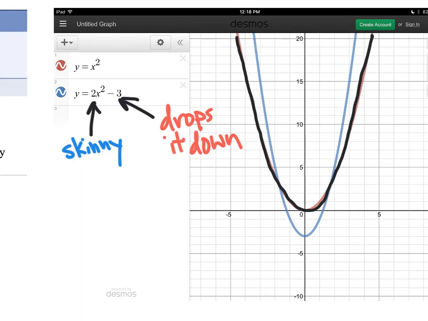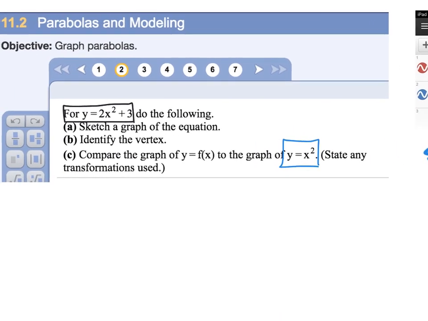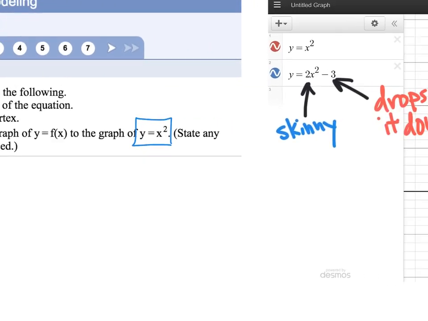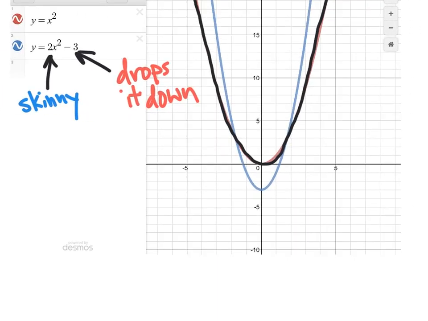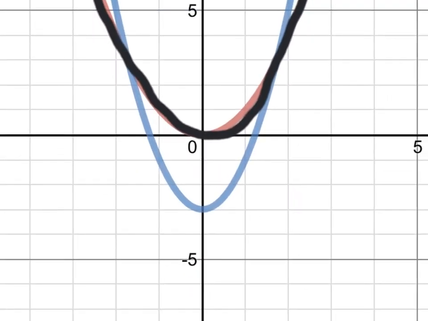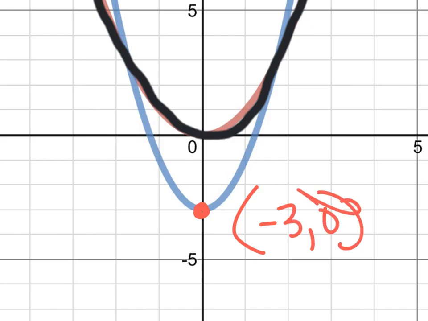So when we go over here, that's what you're going to talk about in section C: identifying the vertex of our new function. Well, if we look at our new function and we zoom in, the vertex is right here. Oops, whoa, I did it backwards.